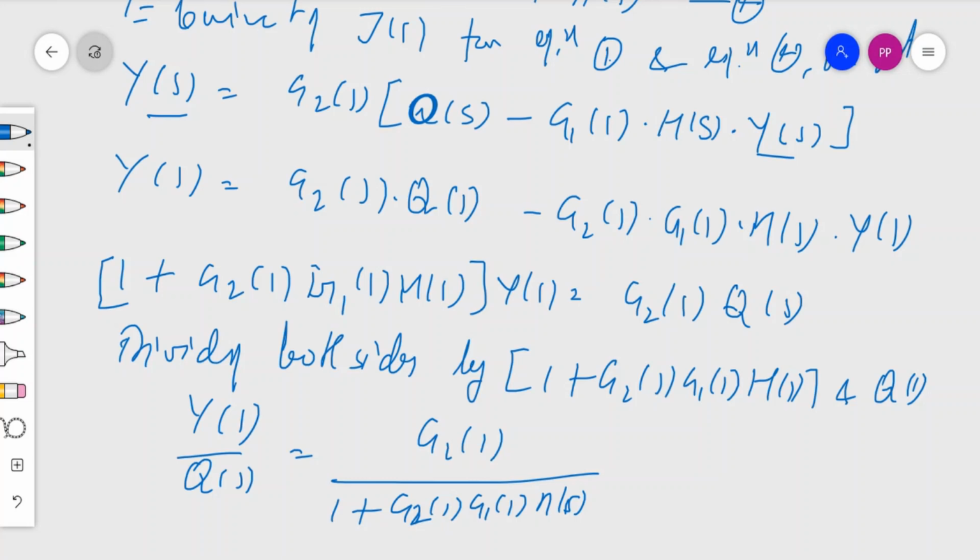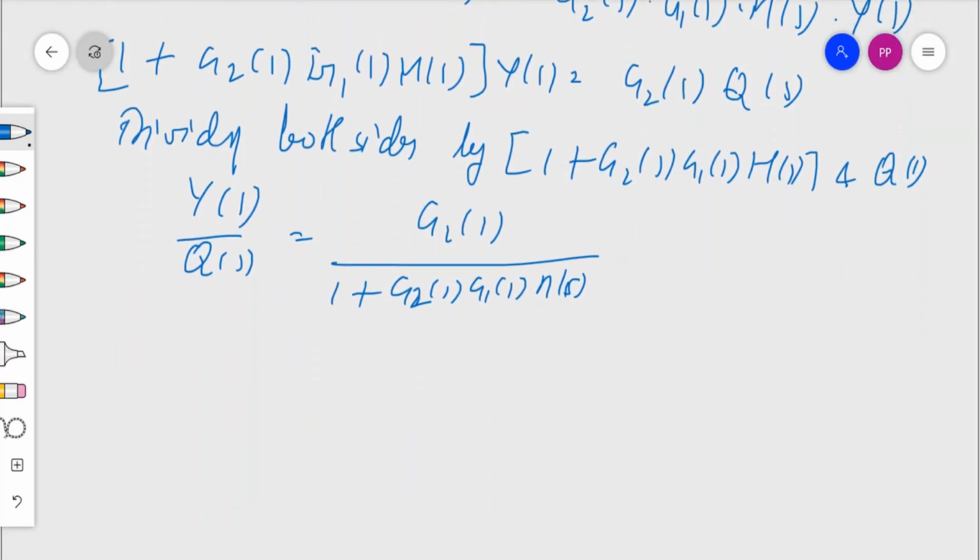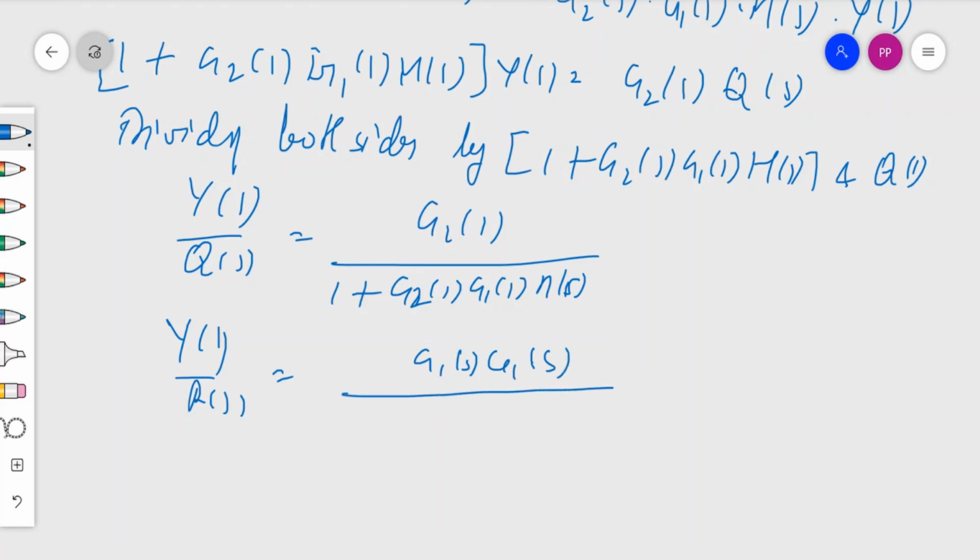and from here we can compare the two transfer functions which we had got, because we got the transfer function for Rs, that was Ys by Rs equal to G2s G1s divided by 1 plus G2s G1s into Hs.